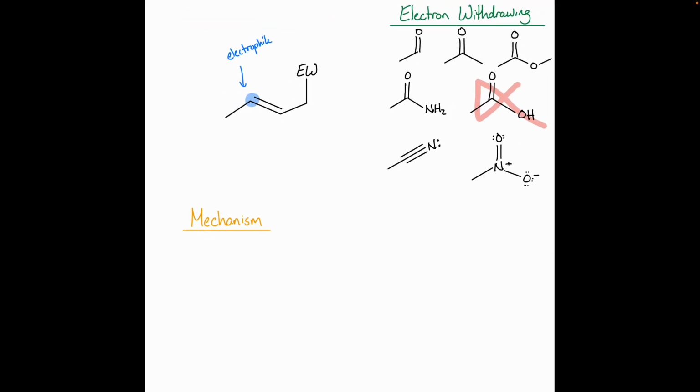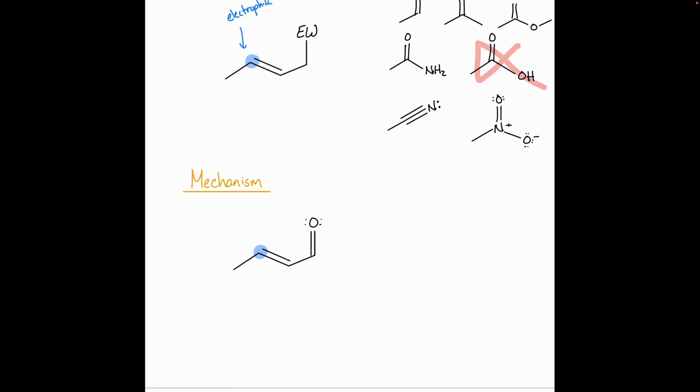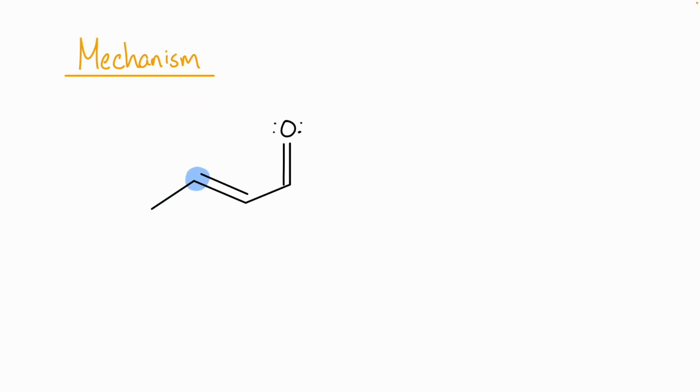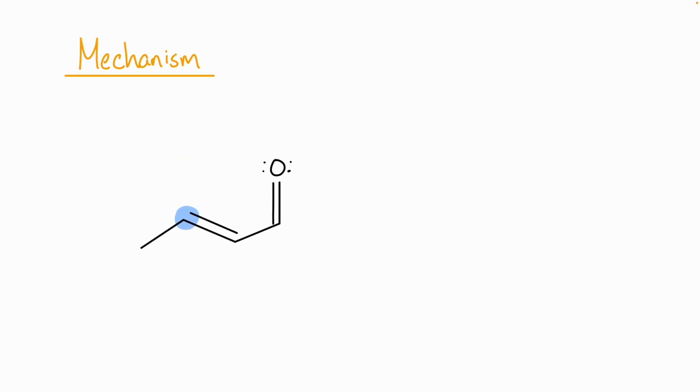We'll put in a particular electron withdrawing group. We'll just use our simple carbonyl group. All right, so if I have some nucleophile reacting with my Michael acceptor here, let's just remember our product.